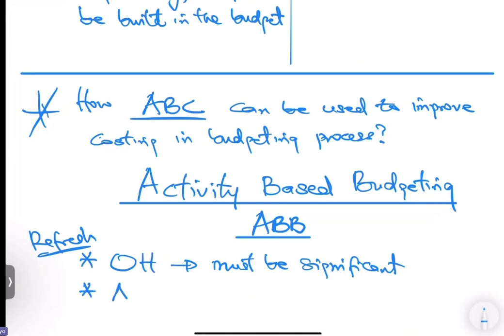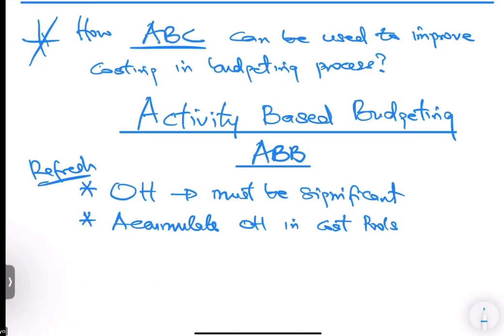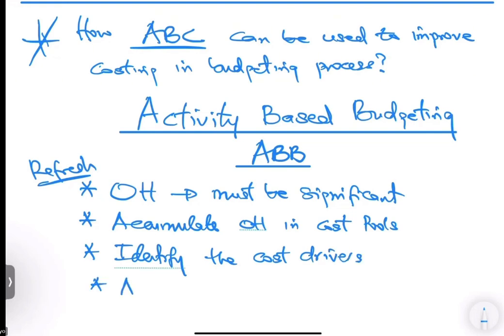And we said we need to accumulate overhead in cost pools. Once that has been done, you identify the cost drivers. The next thing is to calculate the absorption rate.